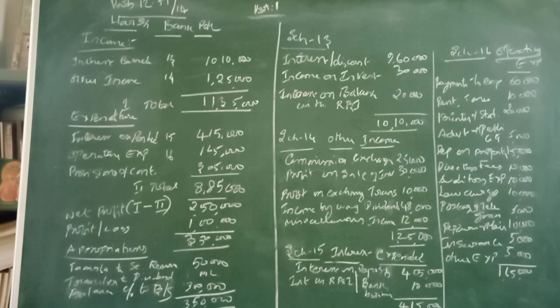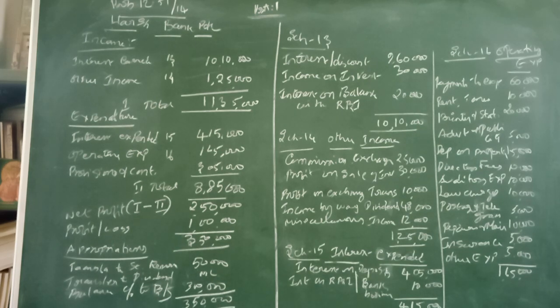So interest expended. Another one is interest on investments, where we have to take the interest on investments. That interest income is received, so that amount should be taken in schedule number 13.